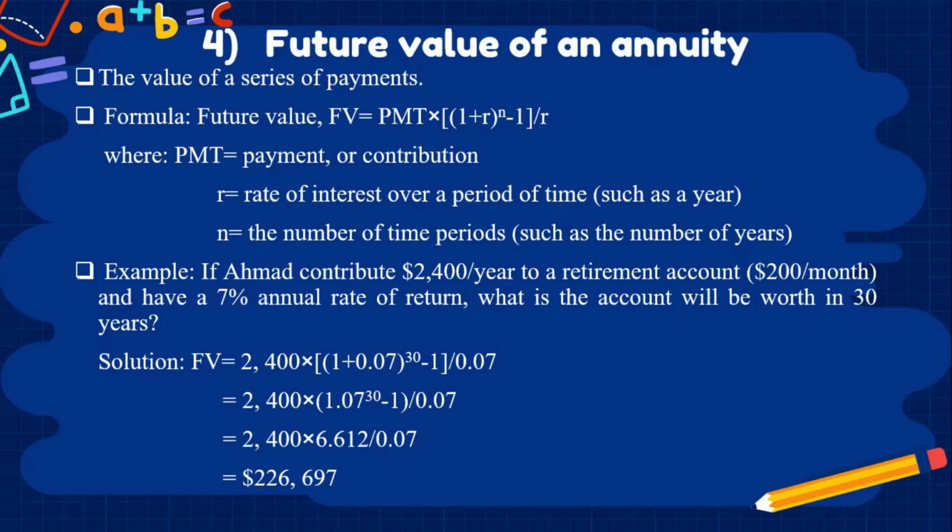And then we can get 2,400 multiplied by 1.07 to the power of 30 minus 1 per 0.07. After that, we can get 2,400 multiplied by 6.612 per 0.07. And the final answer that we can get is FV equal to $226,697.